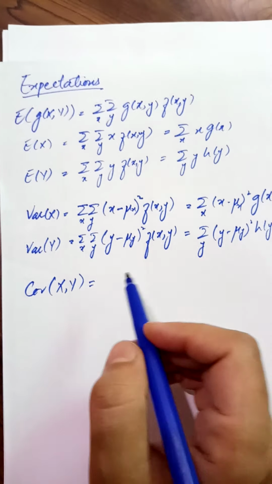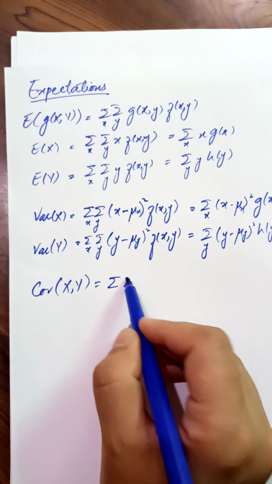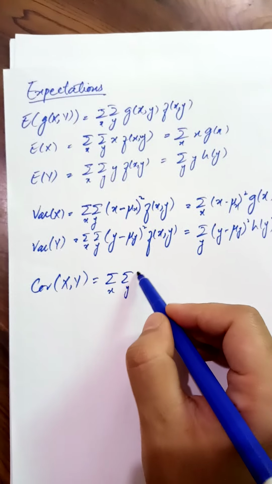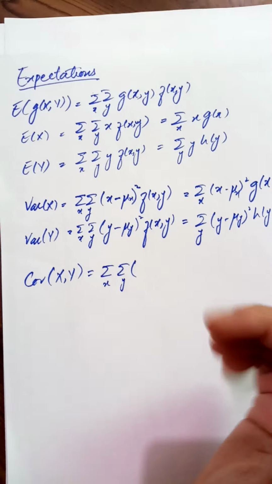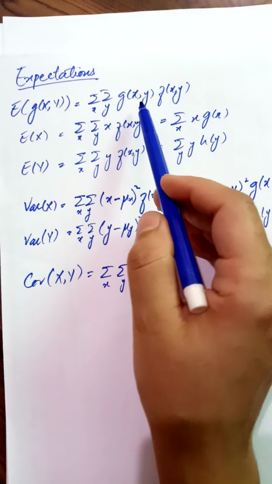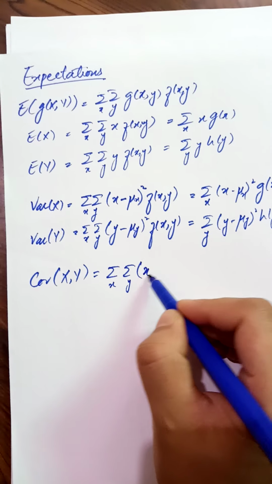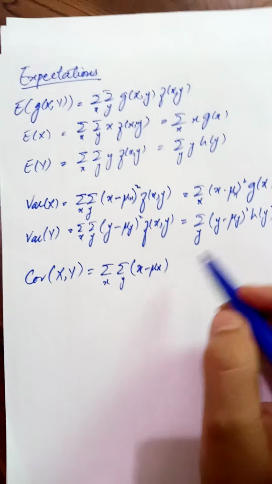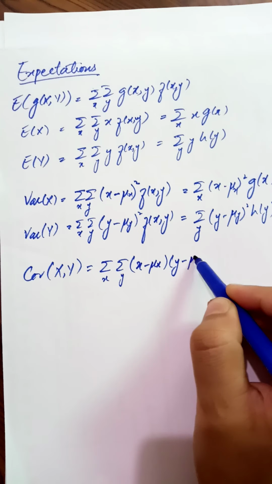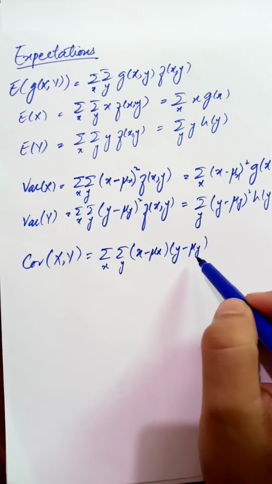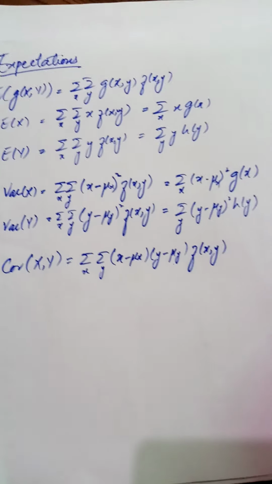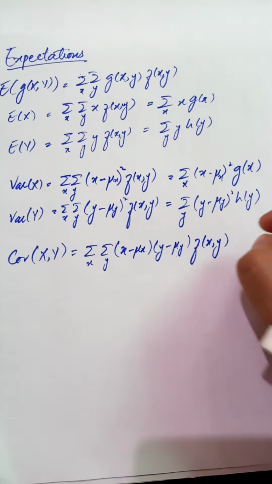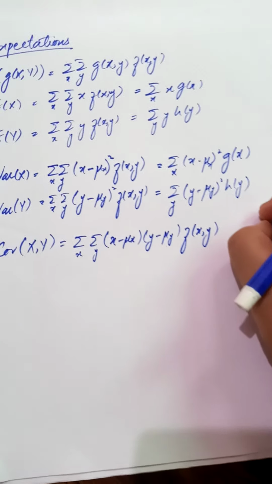Since we have a joint density, we have two summations, one for x, one for y. Now we want to compute the covariance of x and y. So we will replace g of xy by x minus mu of x times y minus mu of y, the x part and the y part, multiplied by their joint density. So this is the covariance of x and y.